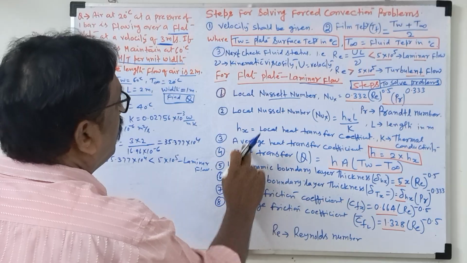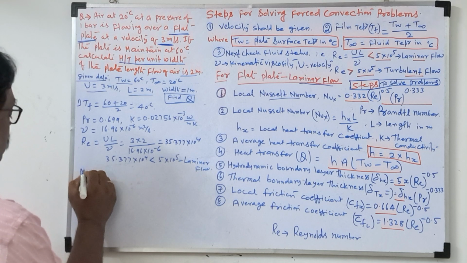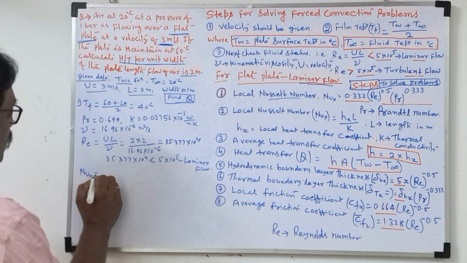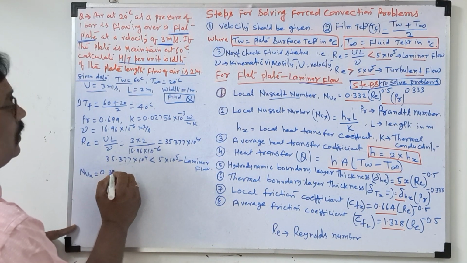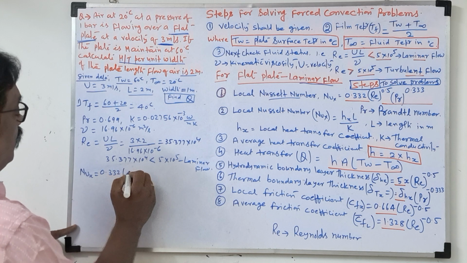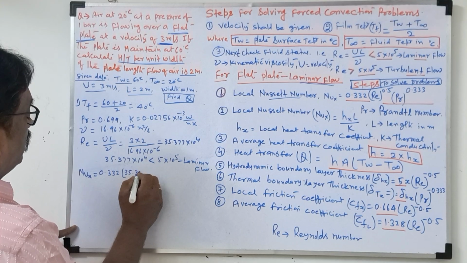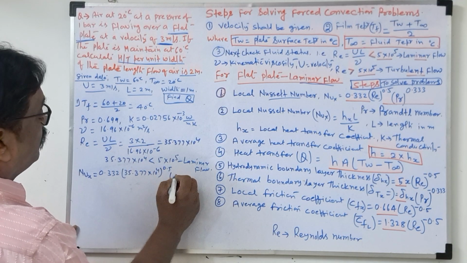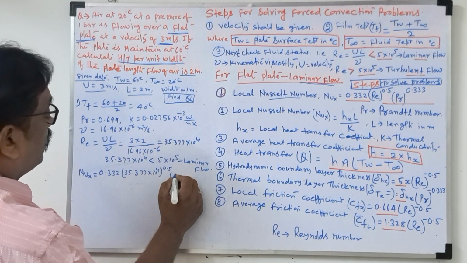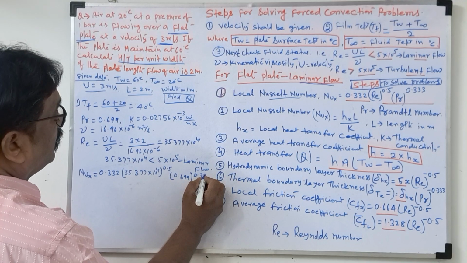First, the local Nusselt number. The Nusselt number Nu x, this is the symbol. We directly substitute the formula value: 0.332, Reynolds number 35.377 into 10 power 4 power 0.5, then the Prandtl number 0.699 power 0.333.